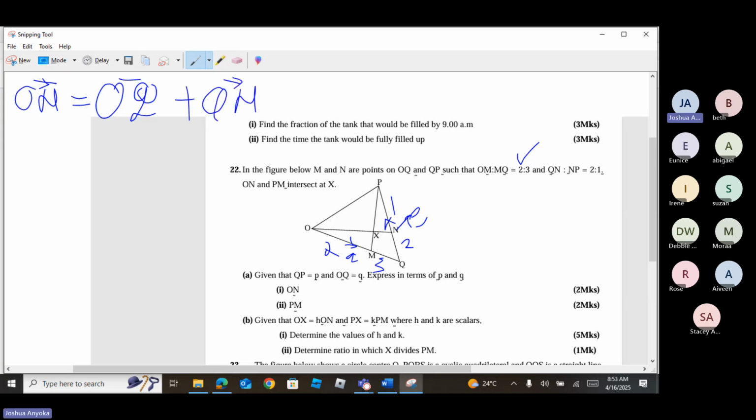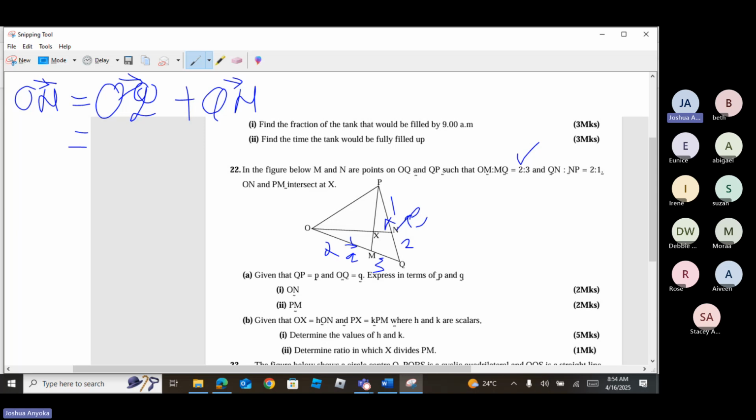Of course, we can do OP plus PN. It is still the same thing. But what do we have available for us? We have vector OQ, so it is good to use that one. We have vector QP, we can use that one. So try to have the navigation that is likely to make your work simple.